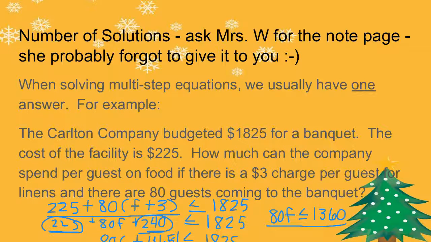Divide both sides by 80. And it looks like the food per guest has to be less than or equal to $17. There is one solution to this problem, but that is not always the case.